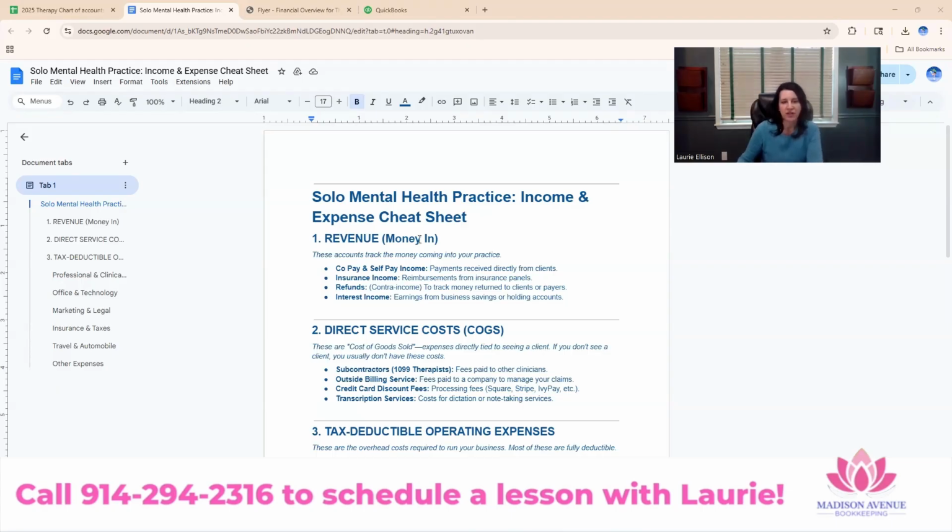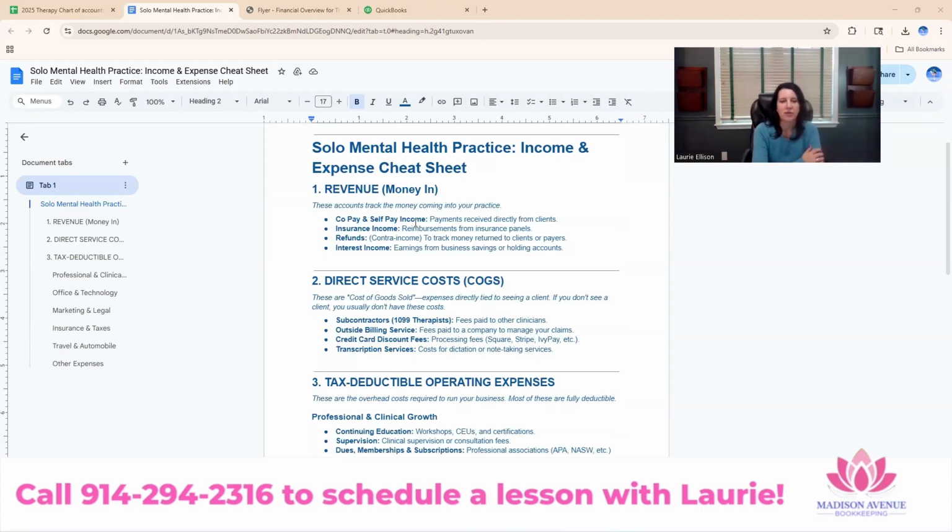Again, this one's really pretty simple. It's going to be your copay or self-pay, your insurance, and then any refunds, which we're going to label as contra income. So it'd be a negative if you had to give any money back to a patient. We want to track that and be able to see that easily. So we create a code for this. And then interest, we just talked about that.